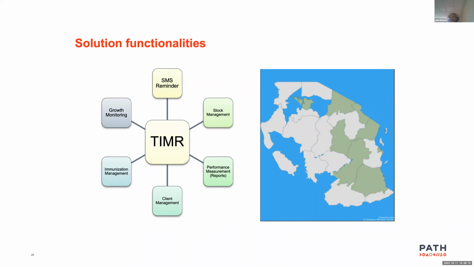And then there is the performance measurement part. As one of the interventions with BID was to ensure that data use capacity is built for healthcare workers, they can have the capacity on their own to analyze data, interpret it, and make useful decisions at the facility level.